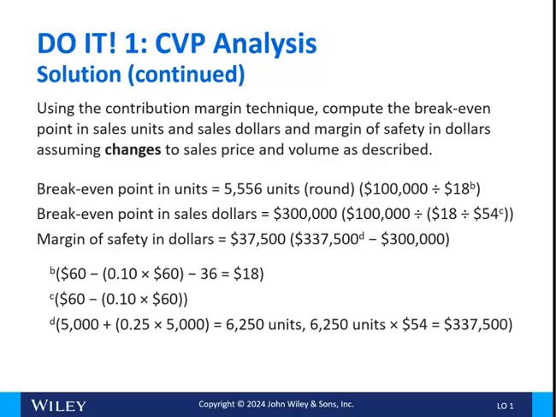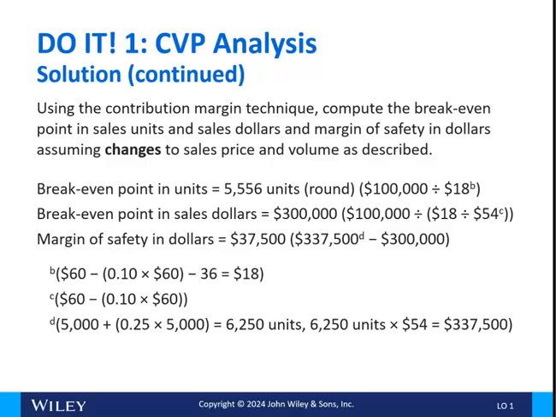Take those units times the new selling price of $54, we get $337,500 is our sales that we're expecting after we implement these changes, minus our new break-even sales of $300,000.